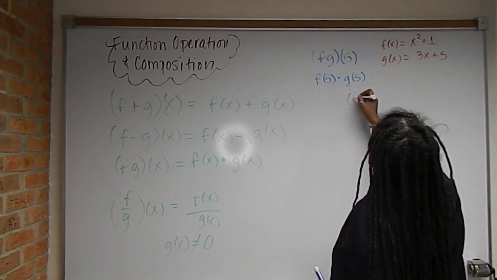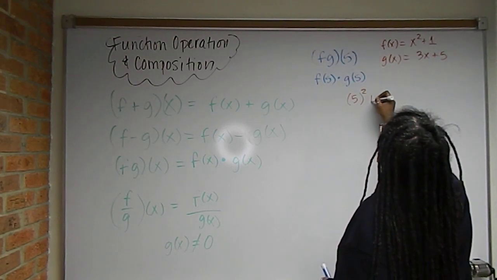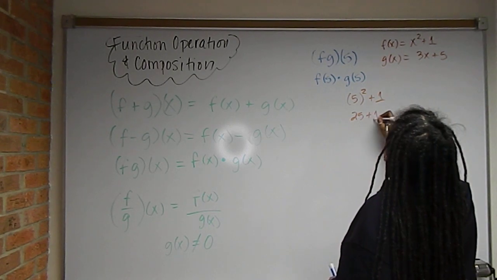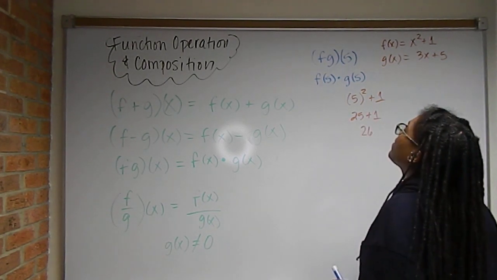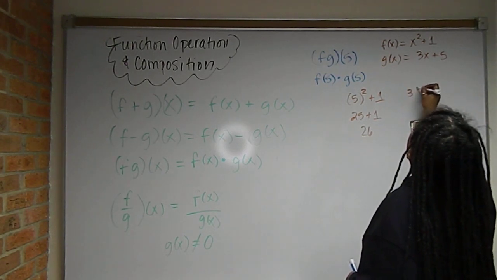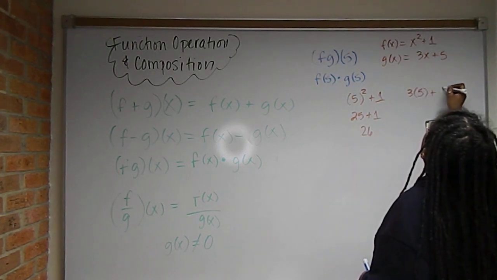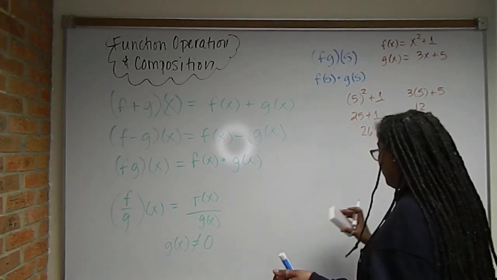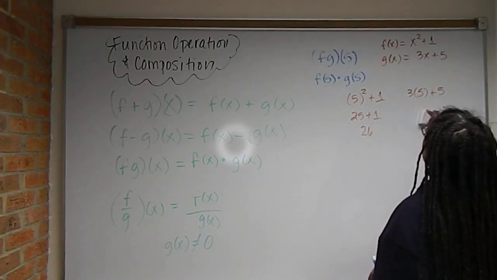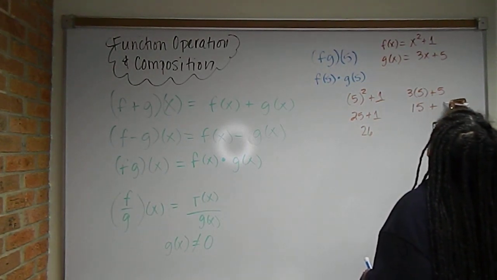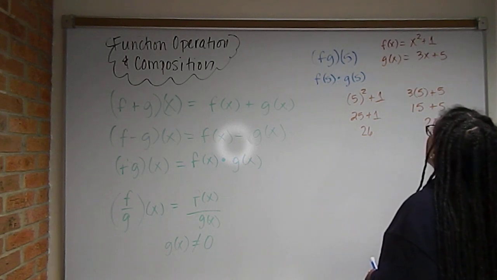So we'll have 5 squared plus 1. 5 squared is 25 plus 1, that gives us 26, right? And then for g of x, we'll have 3 times 5 plus 5. Oop, I don't know why I wrote 12 and it's 15. Don't even ask me. 15 plus 5, which is 20, right?